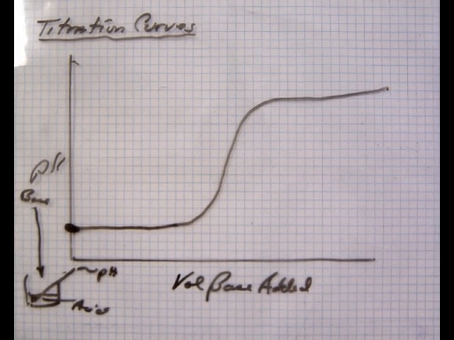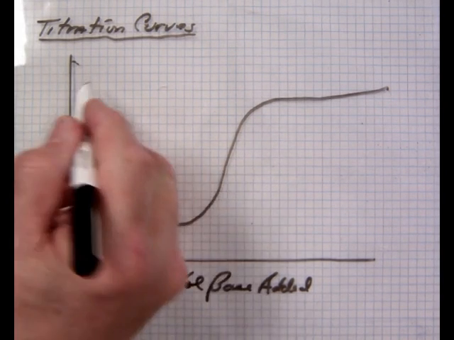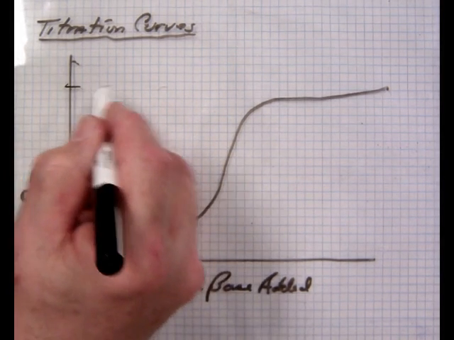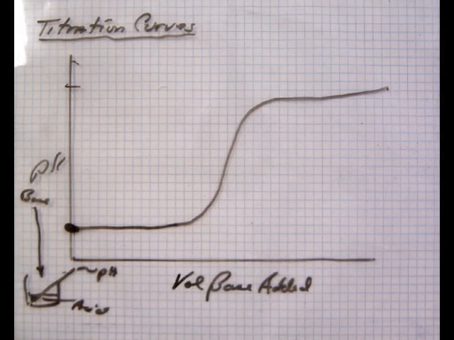Now you can switch these, and if you had a base down here and an acid at the top, it would come from the top up here and go along and down and so forth. But what I'm about to show you is the same for both of the issues.